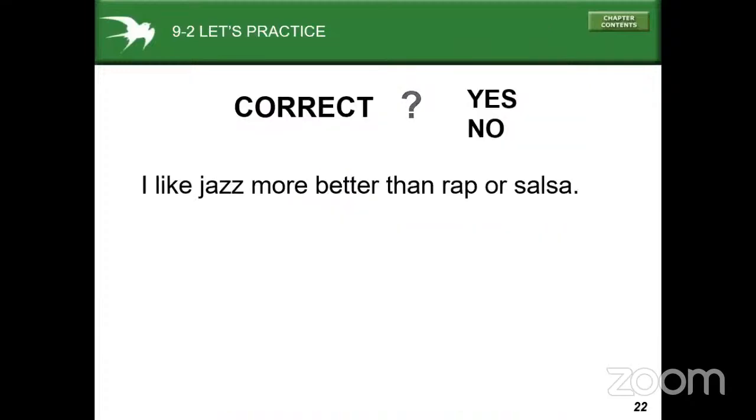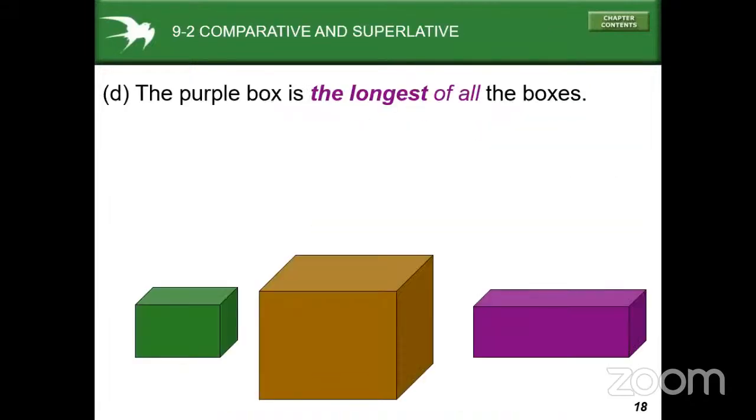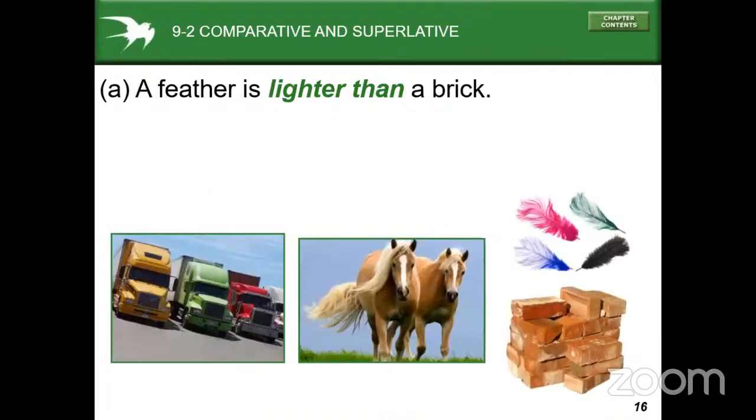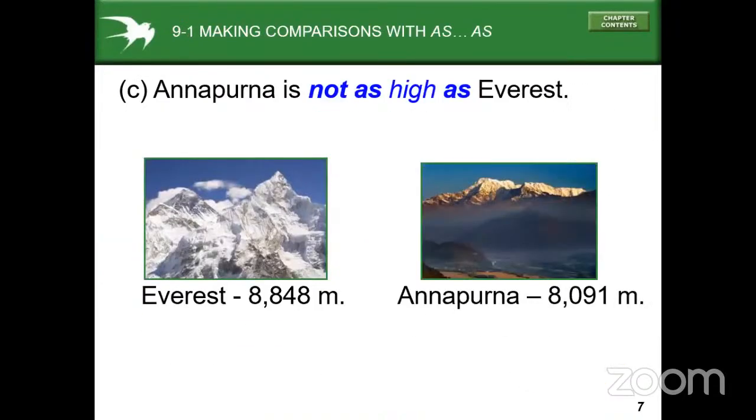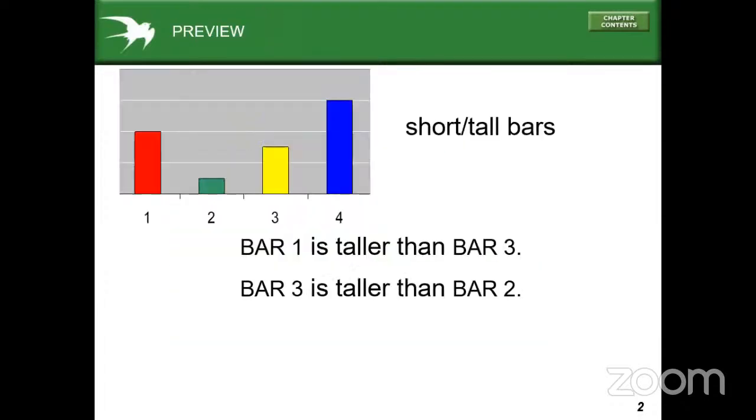Well, talking about comparatives, let's start from here. When we talk about comparatives, we can say taller than. For example, bar 1 is taller than bar 3. Bar 3 is taller than bar 2.